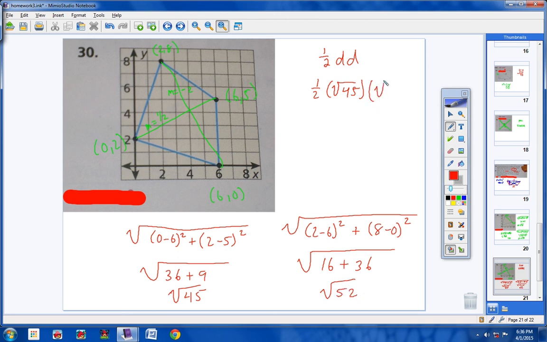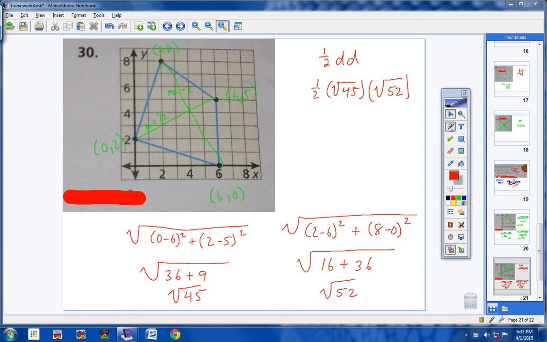So the other diagonal is the square root of 52. Let's multiply these two together and see what we come up with. Square root of 45 times the square root of 52 equals, that gives us 48. Now I might have made a mistake on this one. I'm getting something a little different here. Let me check my work real quick here.